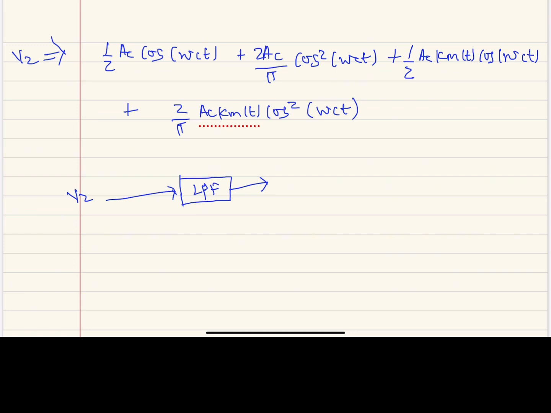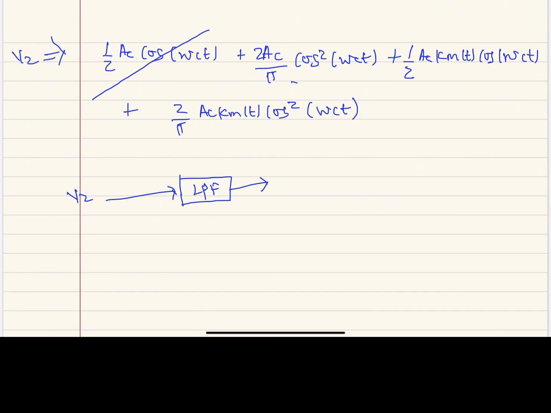So the low pass filter allows the signals with lower frequencies to pass whilst blocking the signals with higher frequencies. Looking at the first term, it contains only ωc, the carrier frequency, which is a higher frequency. Therefore, the low pass filter will block it.